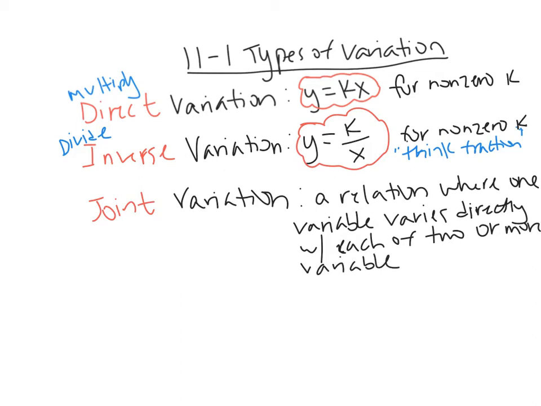So what is its basic equation going to look like? That means we could have some constant k, but we're also multiplying x times y times k in order to get our z value. So the basic form of joint variation is z equals k times xy. Reminder, varies directly, the keyword directly means multiply.